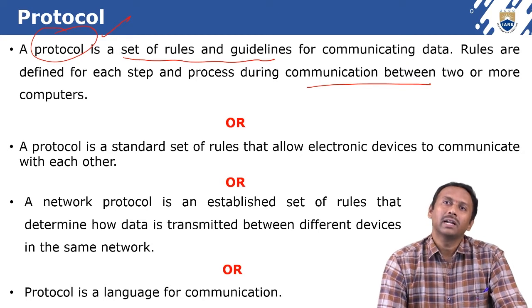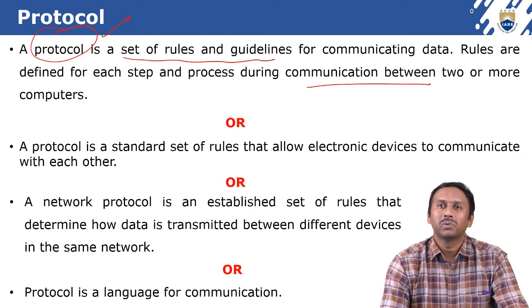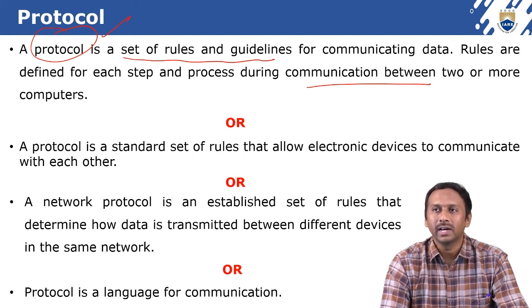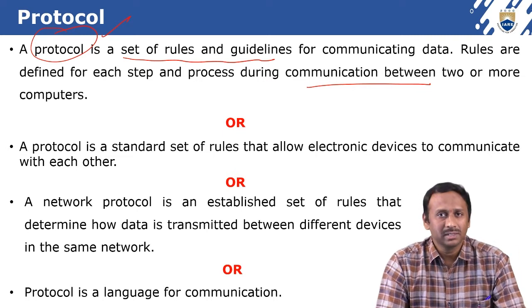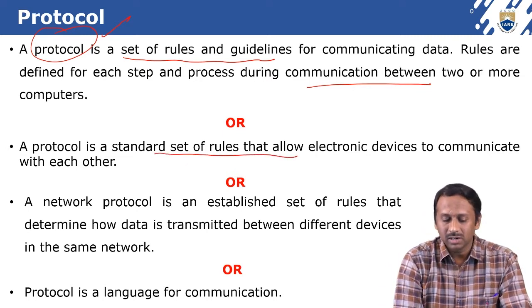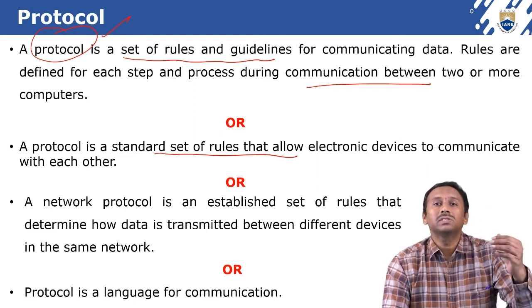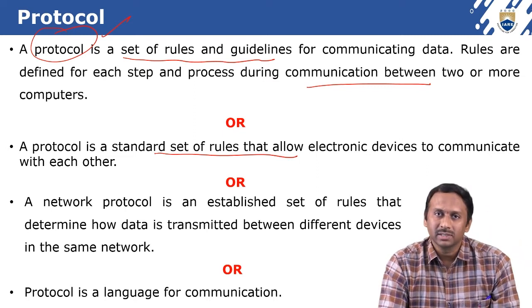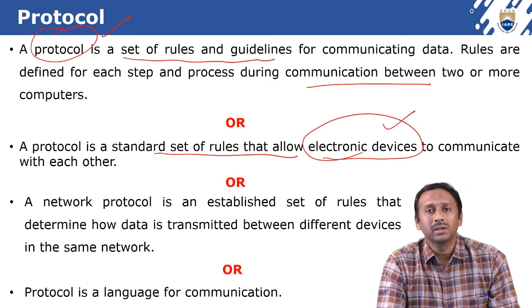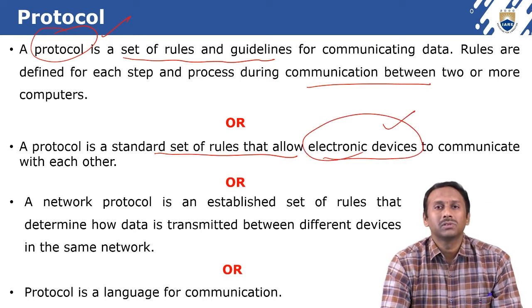Another definition: a protocol is a standard set of rules that allows electronic devices to communicate with each other. Electronic devices can be computers or any communicating devices like mobiles.